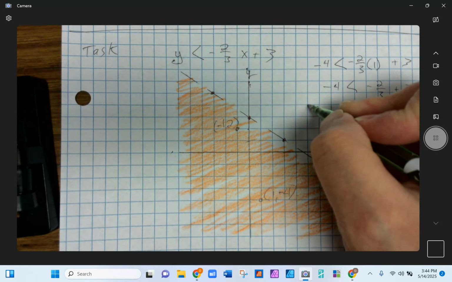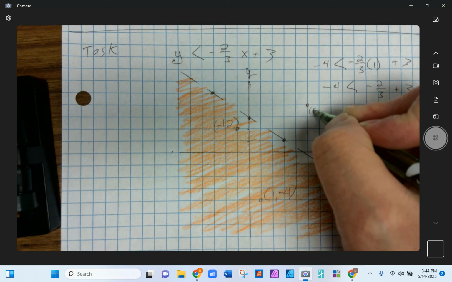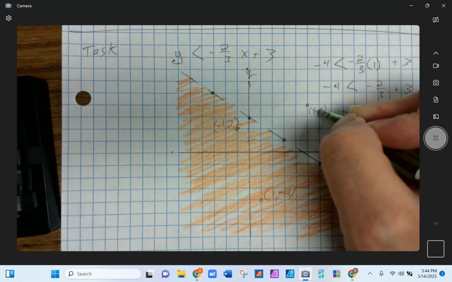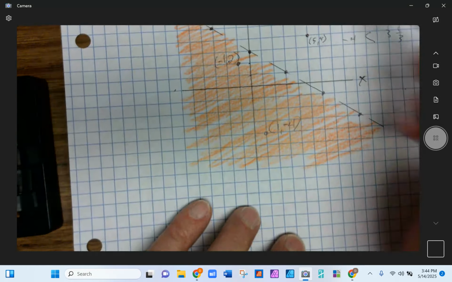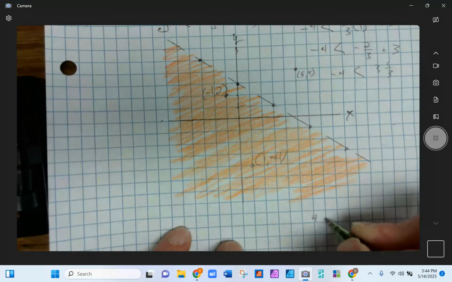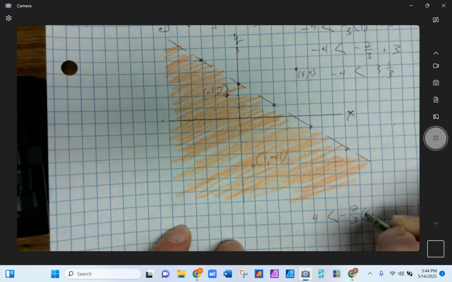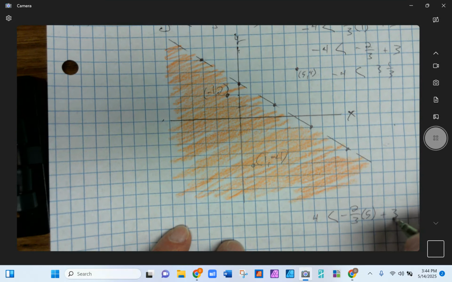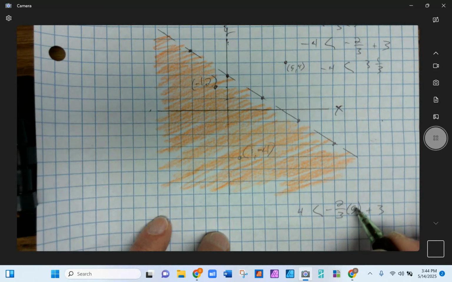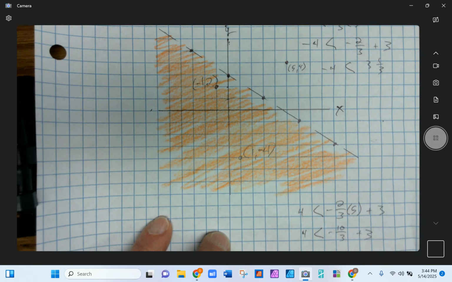Now a point right here, for instance, this would be 1, 2, 3, 4, 5: the point 5, 4. This is not in the shaded part. So let's plug this in and see what we get. 4 is less than -2/3 times 5 plus 3. -2/3 times 5 is -10/3 plus 3.